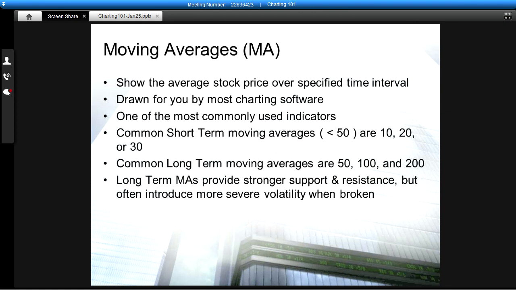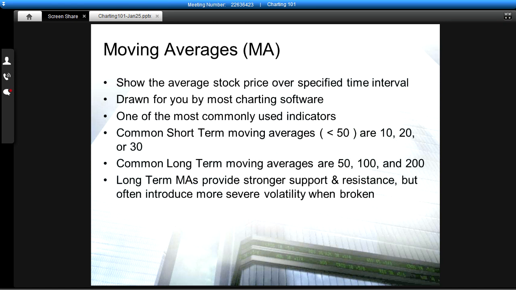It's up to the trader. But some of the more common long term that a lot of traders use are the 50, 100, and 200. And these really do provide a stronger support line. And the longer that the period is for a moving average, the stronger the support and resistance is. And once it becomes a stronger support and resistance, it actually introduces more volatility when it's actually broken.